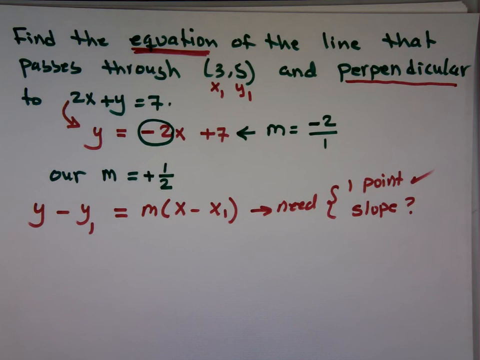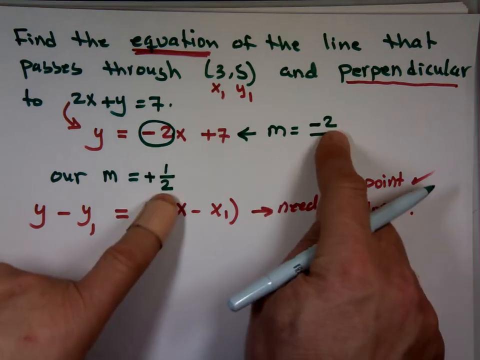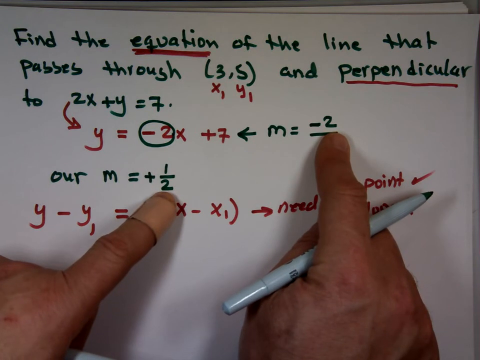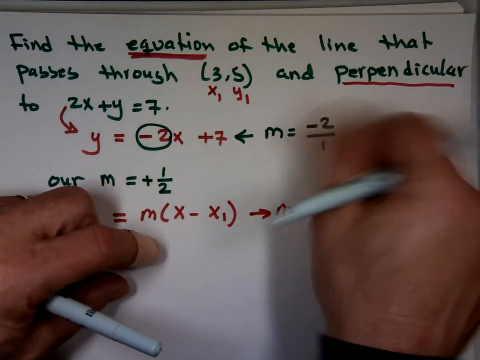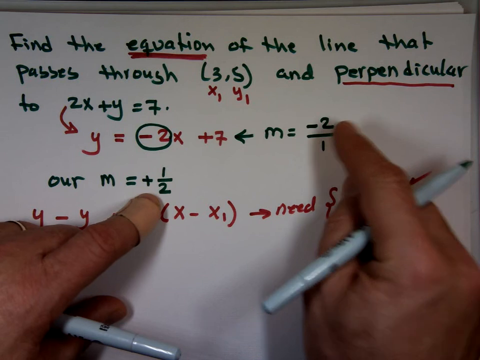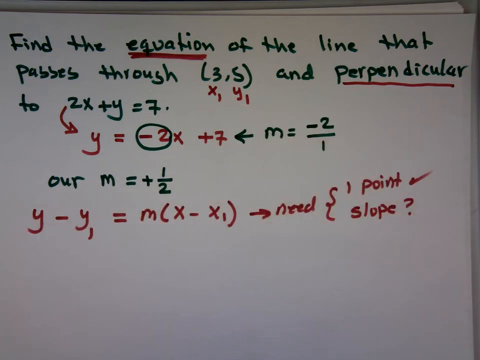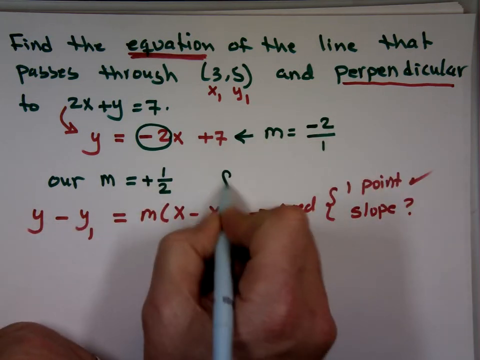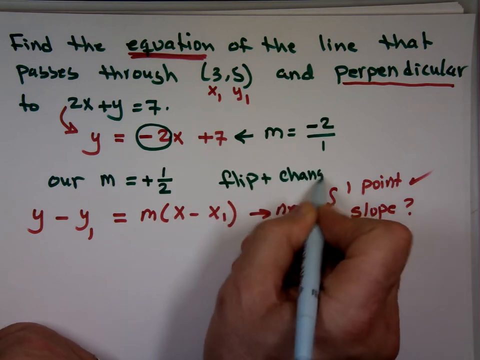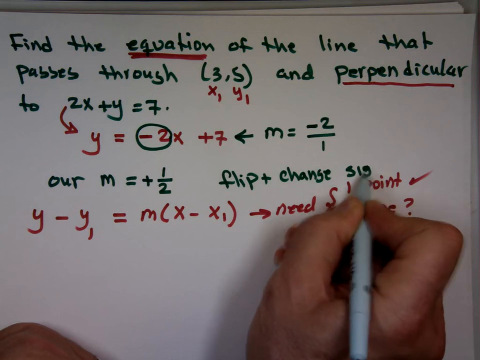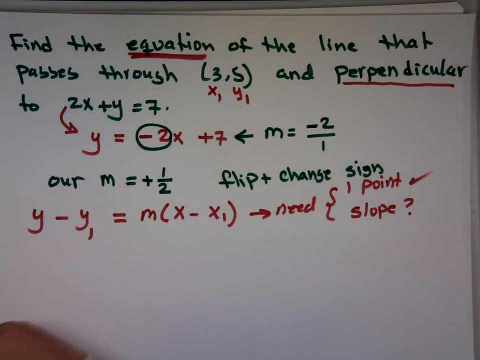For two lines to be perpendicular, if you take the two slopes and multiply them, the result is minus 1. So the only way to get a minus 1 is if you flip this one and you change the sign. Now if you multiply the two numbers, that's a minus 1. So always if it's perpendicular, flip and change the sign. Again, if it says parallel, they'll be the same slope, they'll be minus 2. But perpendicular is not the same slope. So now we know that one.